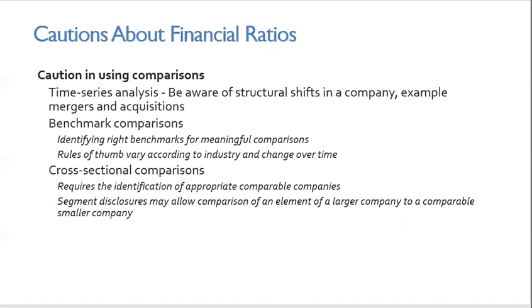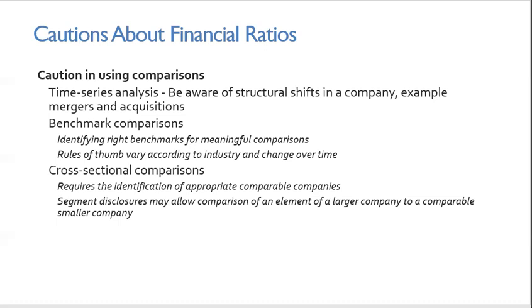Okay. Some other caution about financial ratios, time series analysis, be aware of structural shifts in a company. Examples, mergers and acquisitions. So pwedeng the reason behind the lower profitability of Jollibee, for example, was they had an M&A in 2018 and 2019. Meron silang biniling kumpanya and therefore there were significant shifts in the nature of the company.